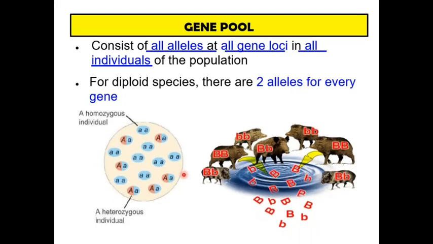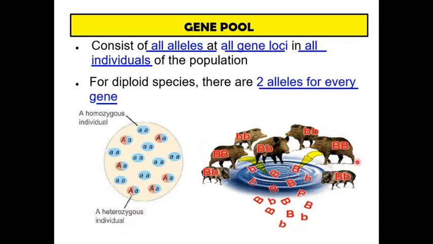For example, this round we consider as a gene pool or area that consists of a population. This area consists of homozygous individuals and heterozygous individuals.